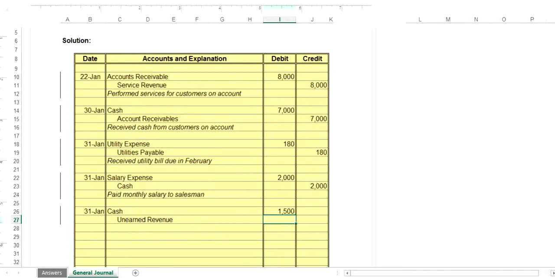So instead of putting the $1,500 into our service revenue account, we're going to put it into a liability account called unearned revenue. And it is a liability account because we owe someone 3 months worth of services. And we can put our explanation here. Received cash for 3 months of consulting services.